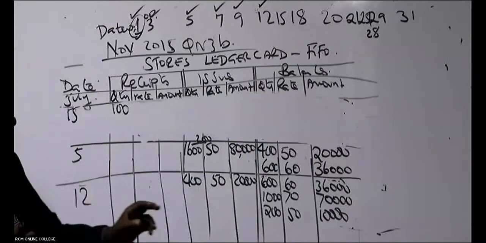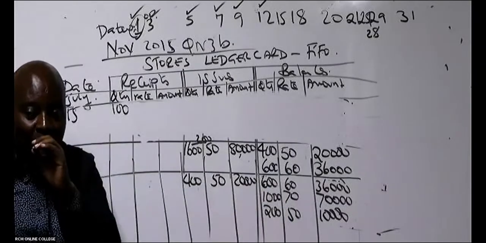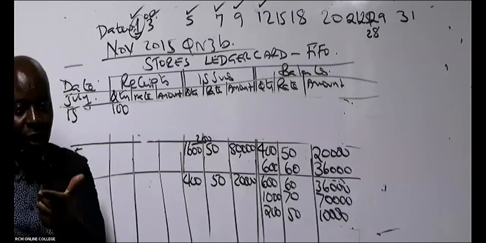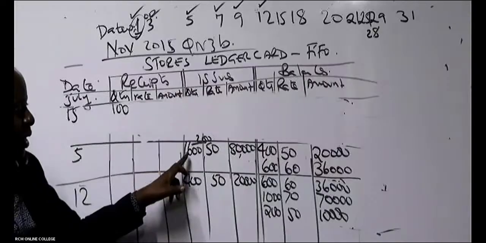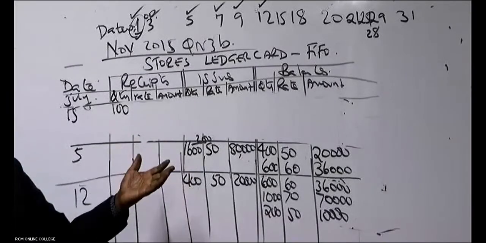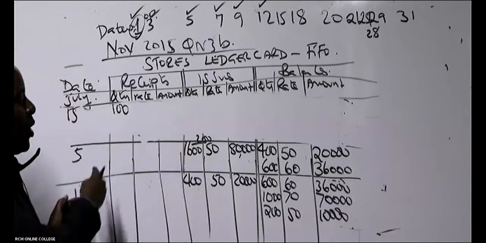Should we receive them at 60? Because remember, they have to come from stocks that you had earlier issued, and the very oldest stock that you had issued is this one here. Do you remember this 1600? This is the oldest, which you had not depleted. So in this case, at what rate should we receive them back?